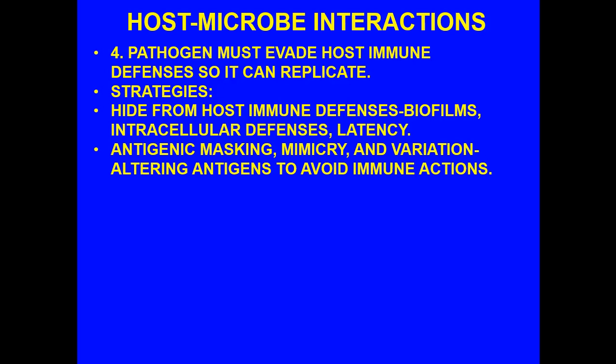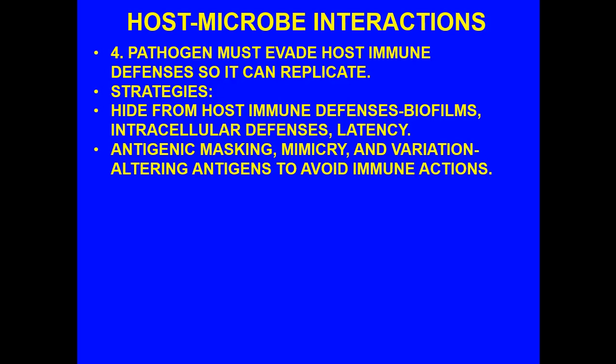Finally, we have 4. Pathogen must evade host immune defenses so it can replicate. You have to understand this. The bacteria or other organisms, for example, some protozoa, what they have to do is create sort of a smoke screen, some sort of protection against the immune system, the white blood cells, antibodies, etc. Some of this might be by use of biofilms.